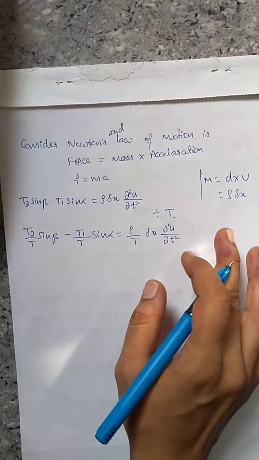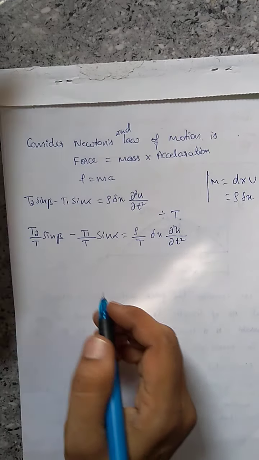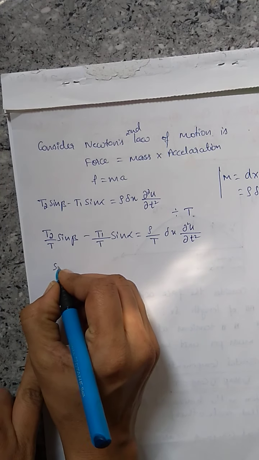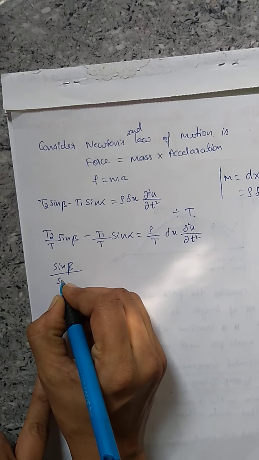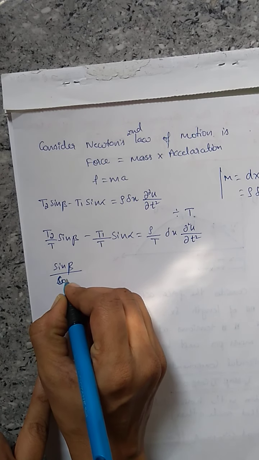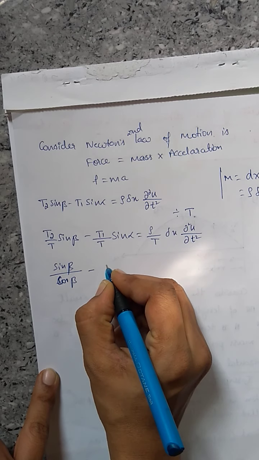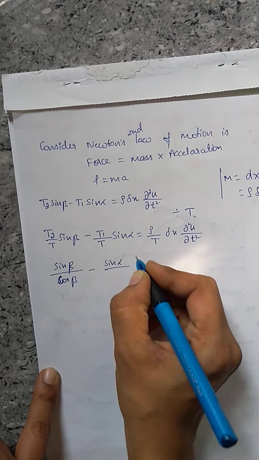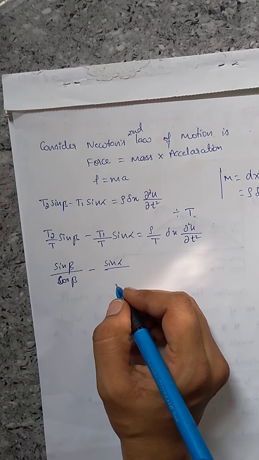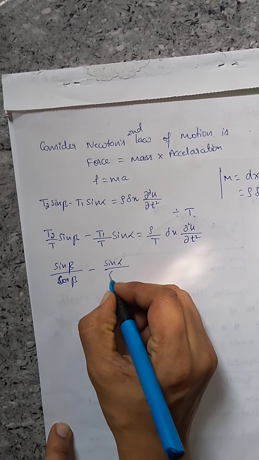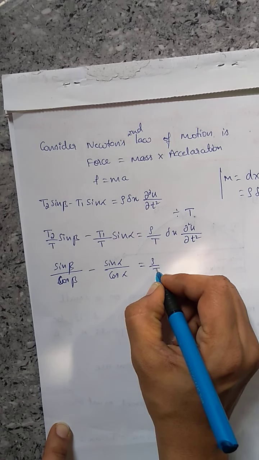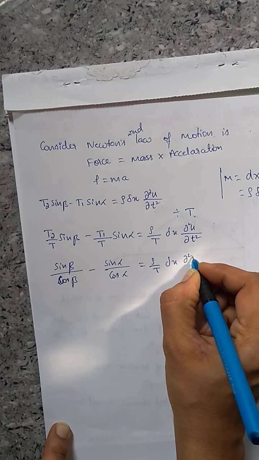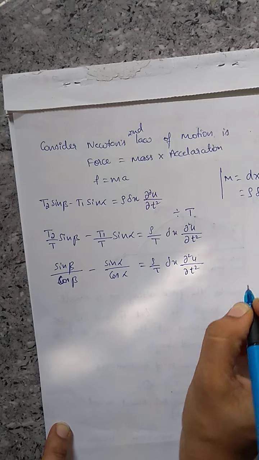So using this relation from equation 1, we substitute here: T2 by T is 1 by cos beta, so taking sin beta, we get sin beta by cos beta minus sin alpha by cos alpha, which is equal to rho by T, delta x, del square u by del t square.